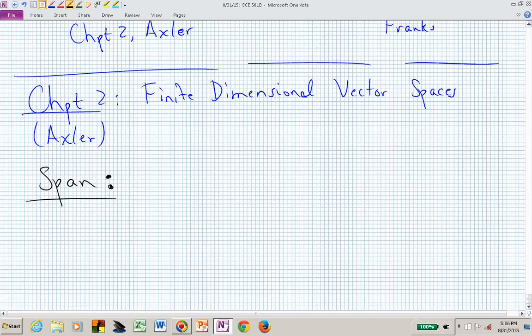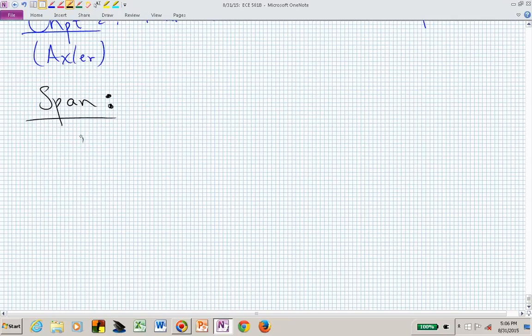But this is span. This is given a list of vectors. And what is the definition of list? It's finite, right? A list is finite. So whenever we use the word list, that means we're restricting our attention to a finite set.